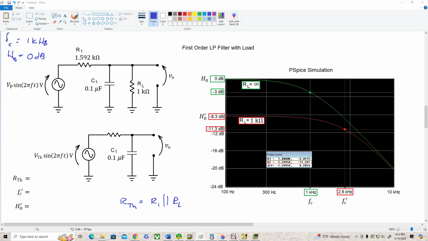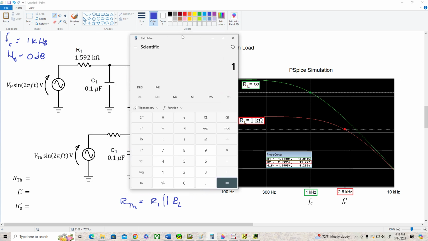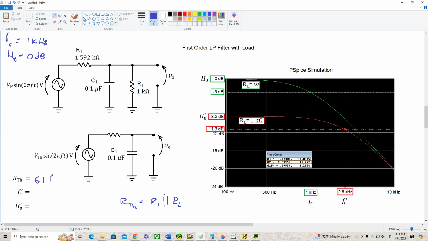Let's pull up our calculator. R1 is 1592 in parallel with 1000, and that gives us a Thevenin resistance of about 614 ohms. We'll write that here, 614 ohms. That gives us a new F sub C of 1 over 2 pi RTH times C1.